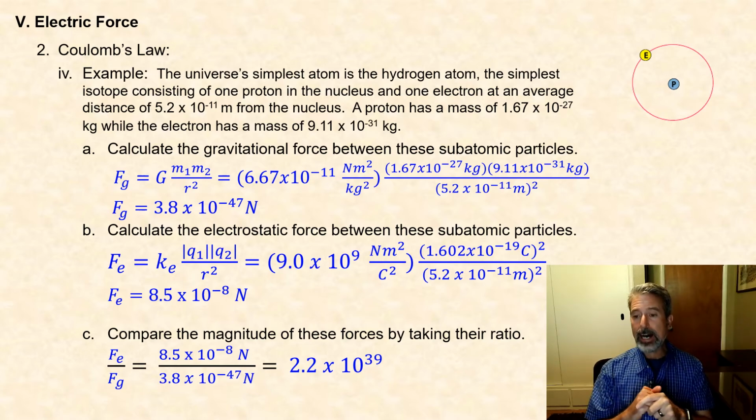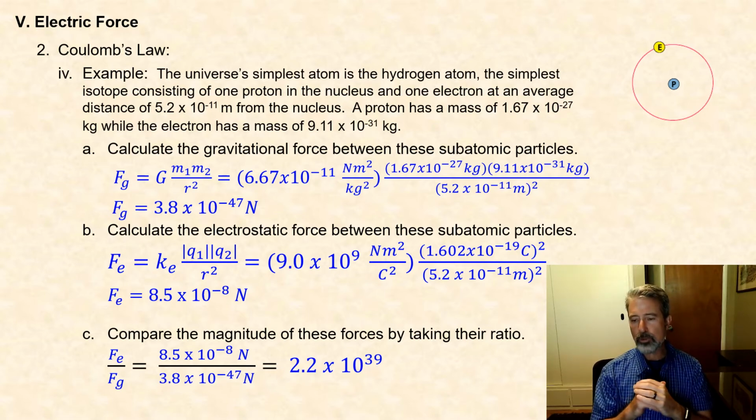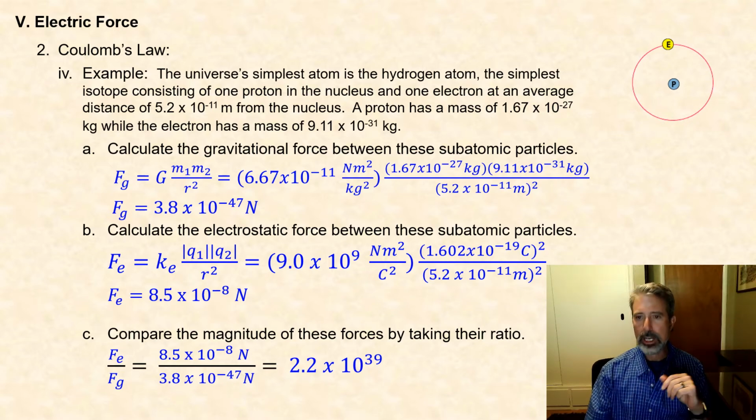The electrostatic force between these two charged objects is about 10 to the 39 times greater than the force of gravity between them. Very strange universe that we live in, to have such a vast, profound difference in the size of these forces.